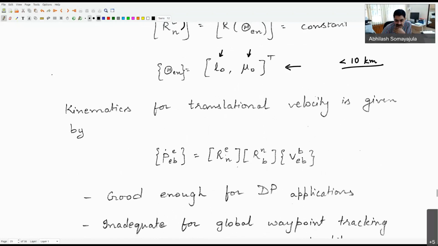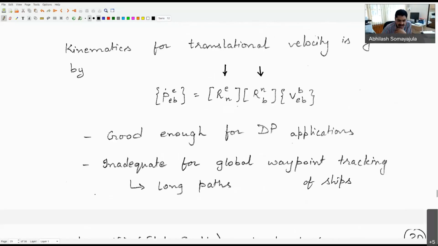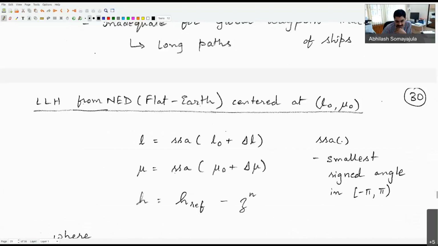The only difference now is that our rotation matrix, all the way from the body-fixed frame to the Earth-centered frame, can be represented by two composite rotation matrices. One takes us from N to E, and another takes us from B to N. So from the body-fixed frame to the NED frame to the Earth-fixed frame. And this is good enough for DP applications.